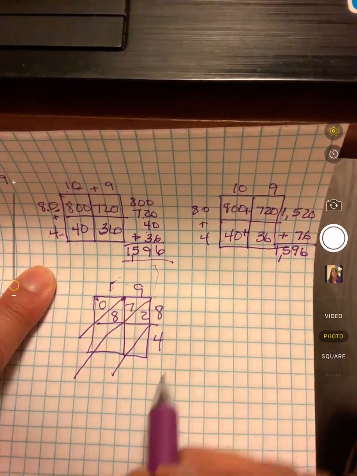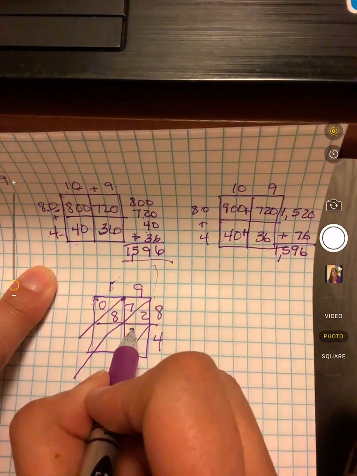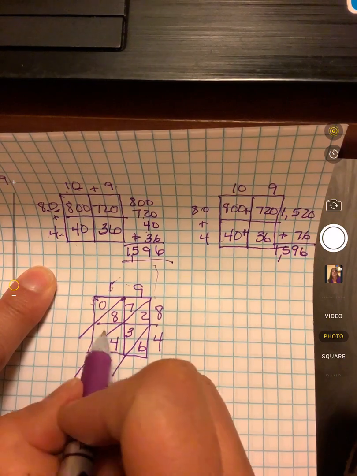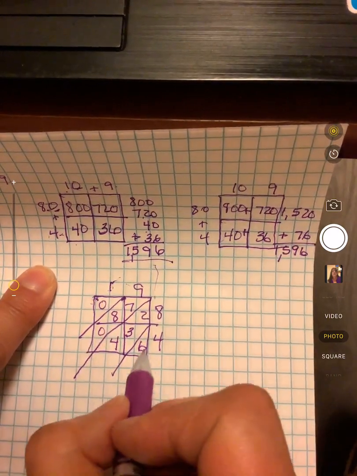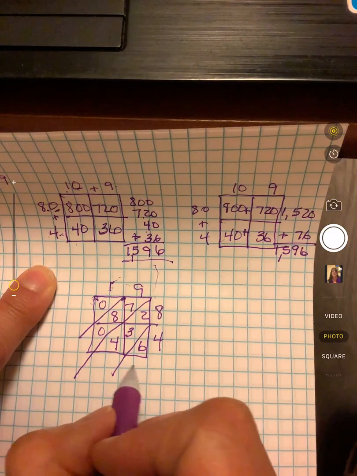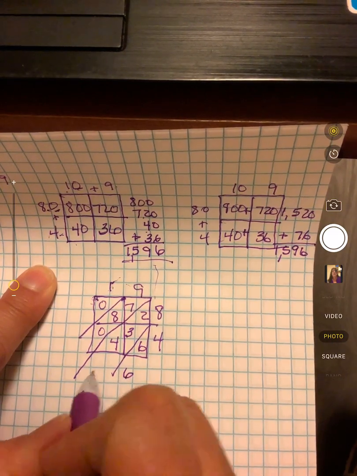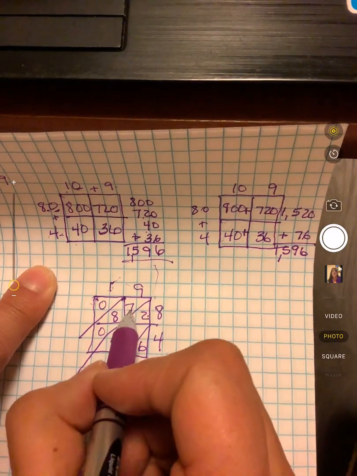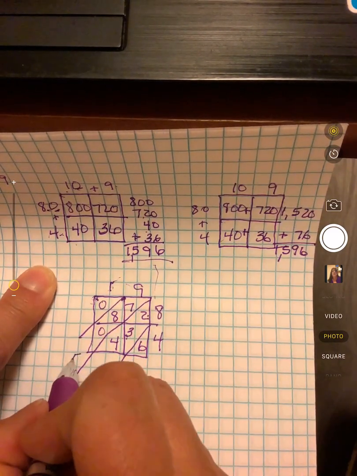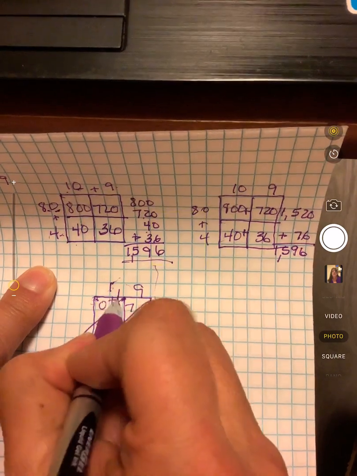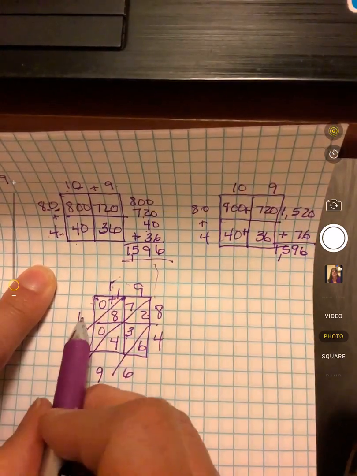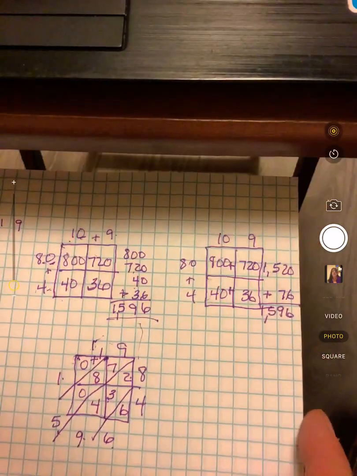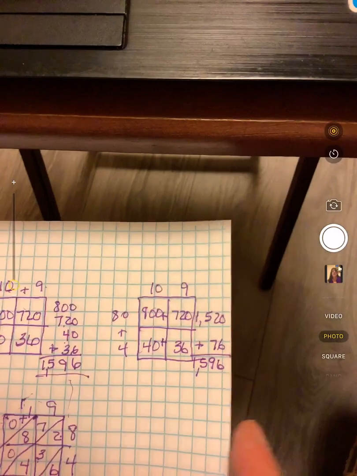We put a 0 up there. 4 times 9 is 36. And then 4 times 1 would be 4 with the 0 right there. And then we start adding. 6. 2 plus 3 is 5, plus 4 is 9. 7 plus 8 is 15. Carry your 1. 1 plus 0 is 1. 1,596. Okay?